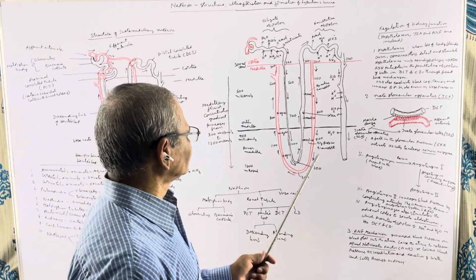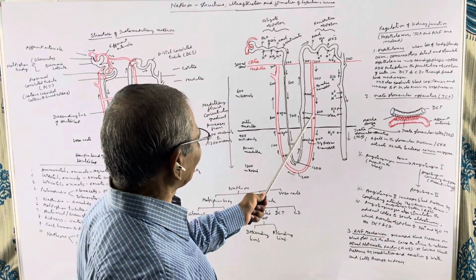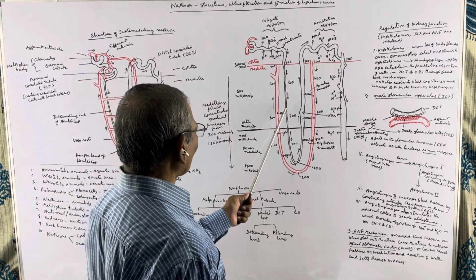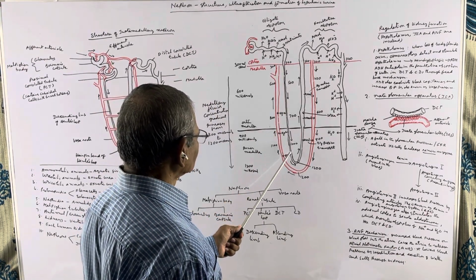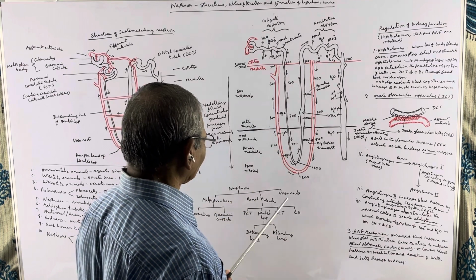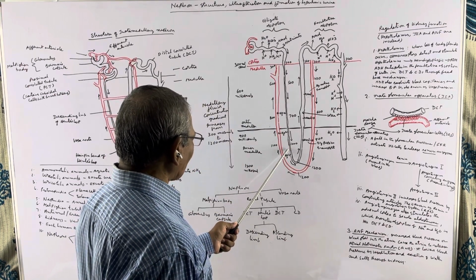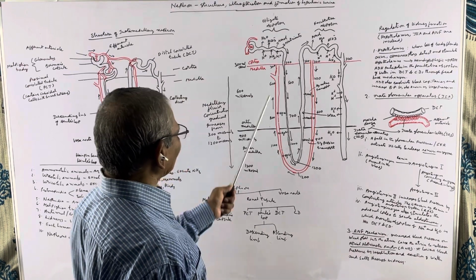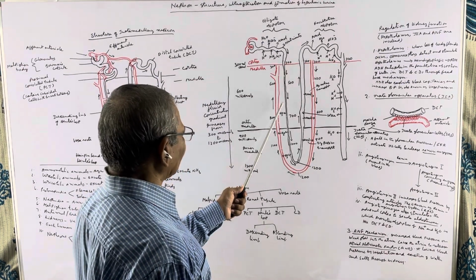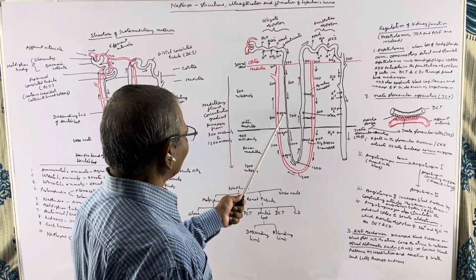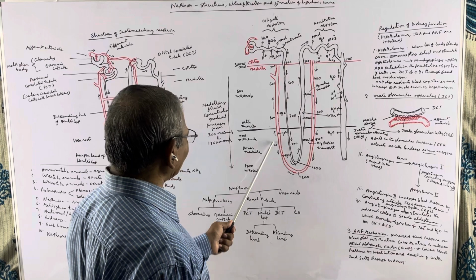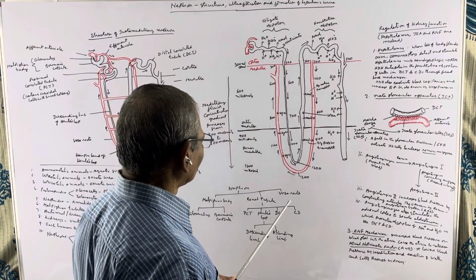Then how does this happen in the case of blood? See, the water coming out of the descending limb of the Henle's loop enters the ascending limb of the vasa recta.